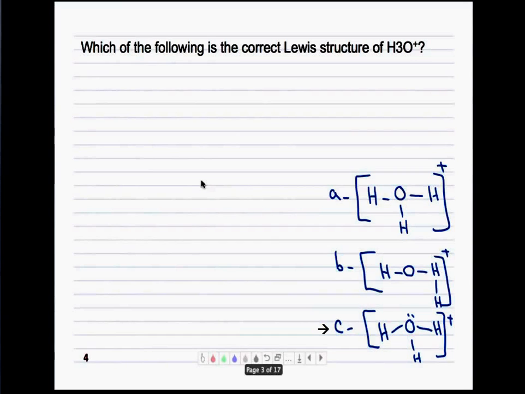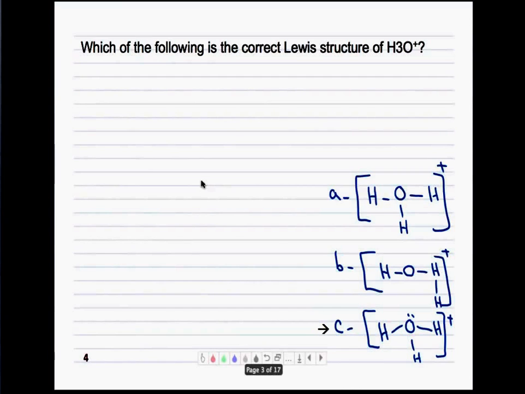So I'm going to stop it right here and check what you think. And I have 88% for C as the right answer. So again, the central atom should be the one that has the lowest electronegativity.